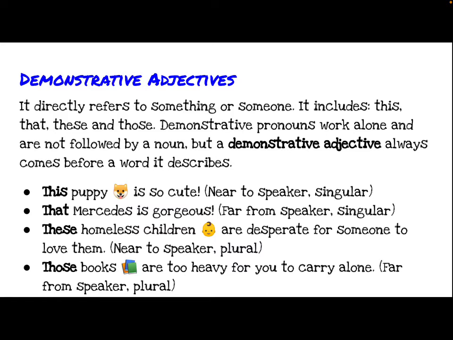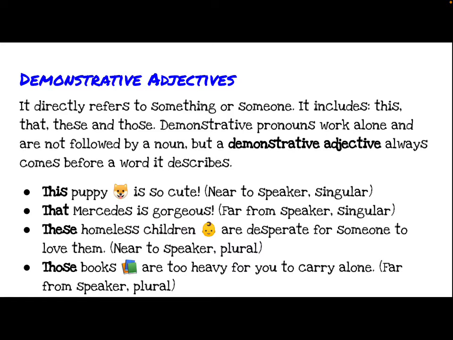That Mercedes is gorgeous. Here, the Mercedes is far from the speaker. Hence, we use that and not this. Also, there is only one Mercedes present and not a few. These homeless children are desperate for someone to love them.